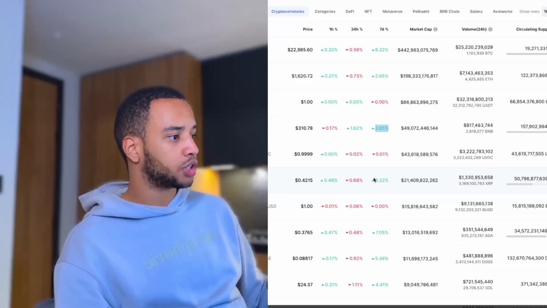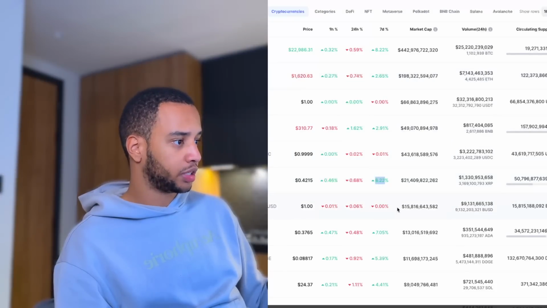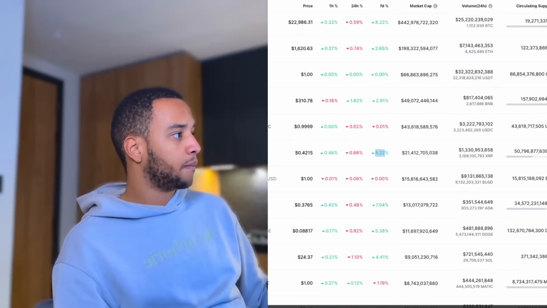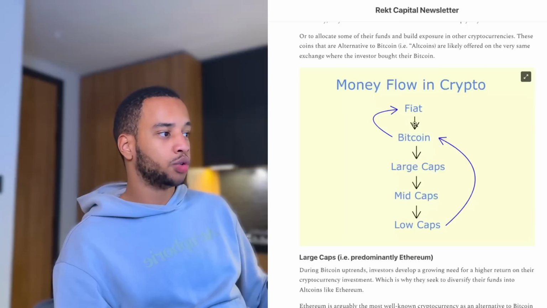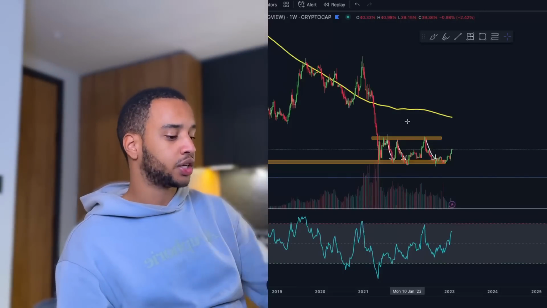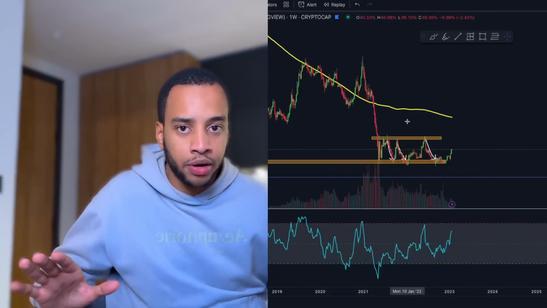Most of these altcoins, except for XRP, are performing less well than Bitcoin is doing. Again, that is usually a sign that there's a lot of people coming in from fiat or from these lower caps taking their profit.